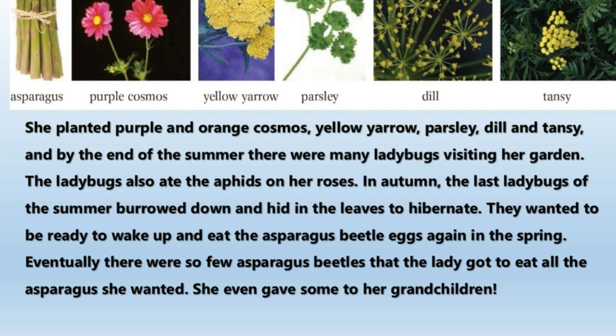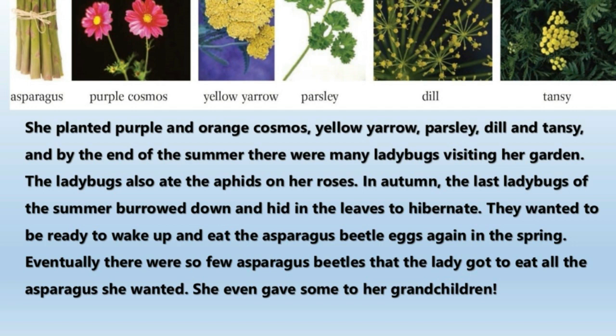She planted purple and orange cosmos, yellow yarrow, parsley, dill and tansy. And by the end of the summer, there were many ladybugs visiting her garden. The ladybugs also ate the aphids on her roses. In autumn, the last ladybug of the summer burrowed down and hid in the leaves to hibernate.